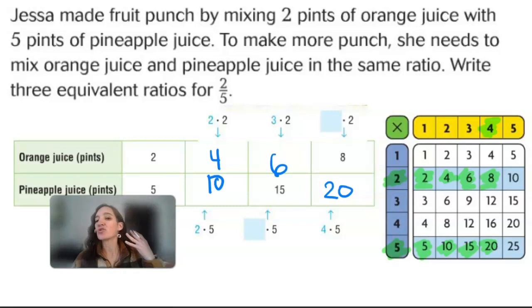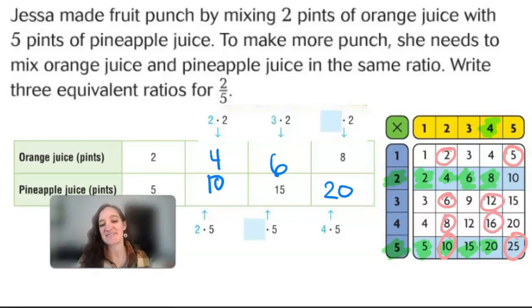Okay, so your multiplication chart is a great way to look for equivalent ratios. If you see 3 to 4 and 15 to 20, you know that they are equivalent. If you see 2 to 10 and 5 to 25, you can tell that they are equivalent because they're in the exact same location on the multiplication chart. 6 to 8 is equivalent with 12 to 16.